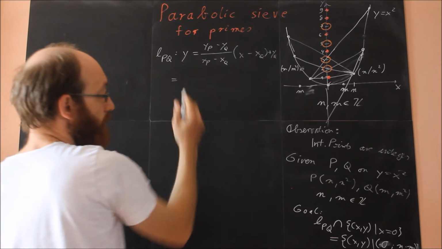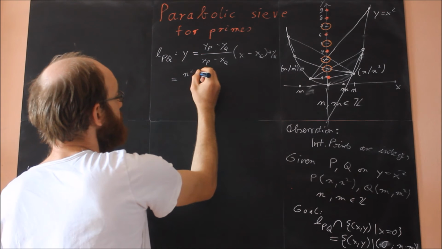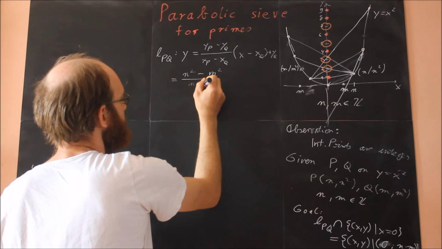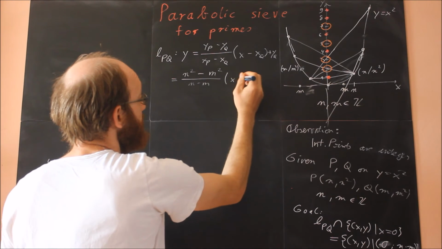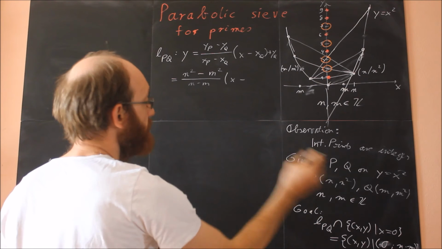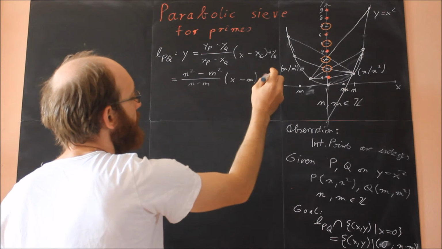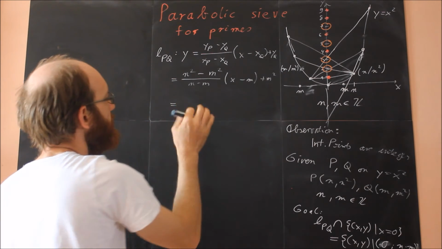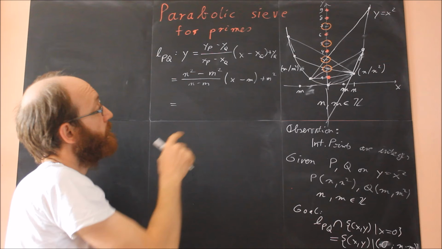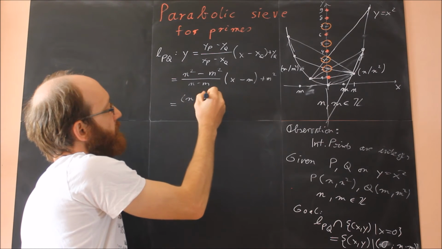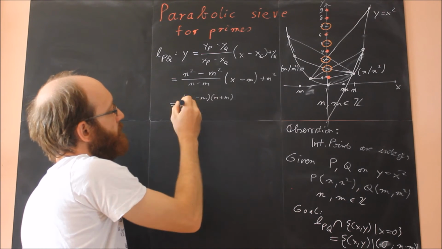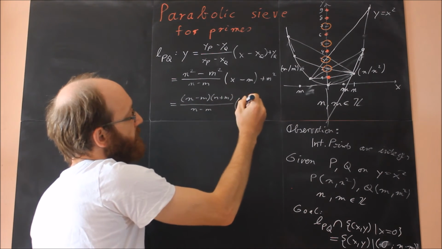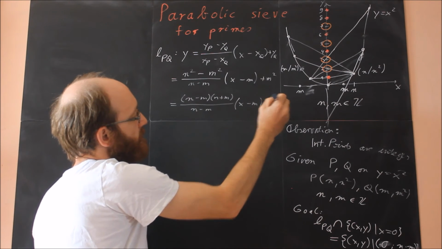So yp is n squared, yq is m squared, over n minus m, times x minus xq, which is m, plus yq, which is m squared. Here we have a difference of squares, so this is (n minus m)(n plus m) over (n minus m) times (x minus m) plus m squared.